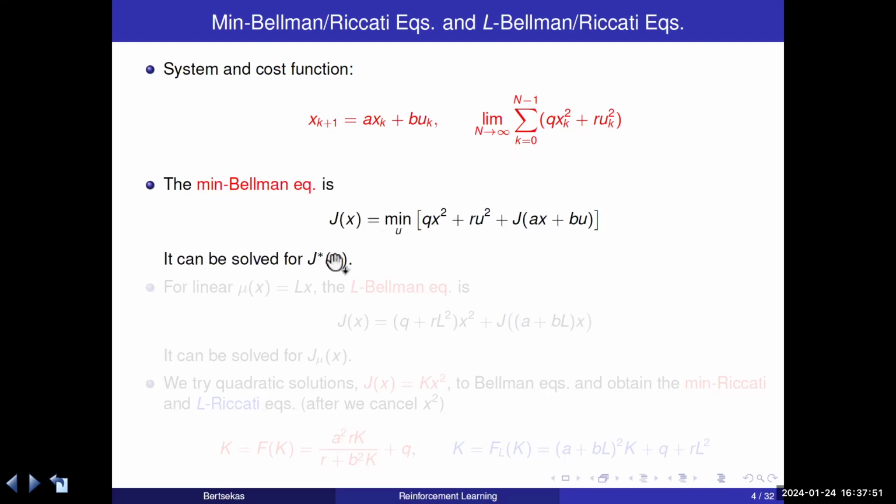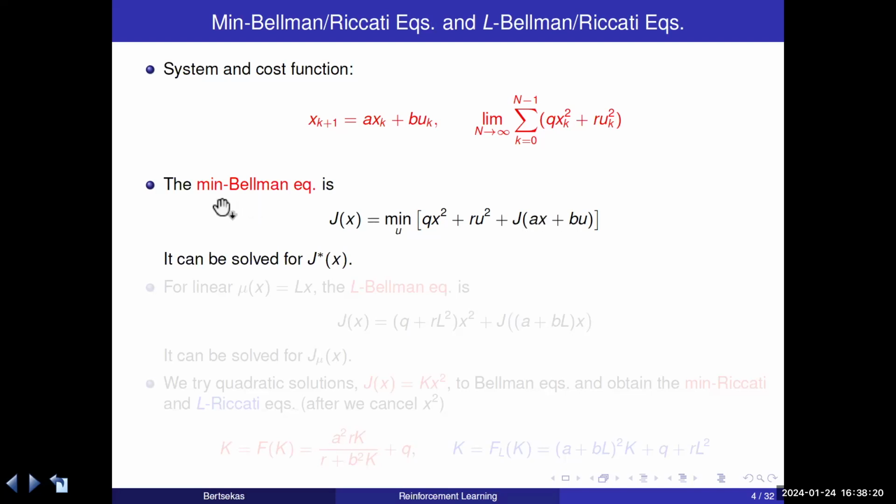J star of x is the optimal cost starting from state x, and it's given by Bellman's equation. That's a central result. The Bellman equation is what you see here. It involves the cost per stage plus the cost, as measured by J, of starting from the next state. And it is the limit of the dynamic programming equation as the horizon goes to infinity.